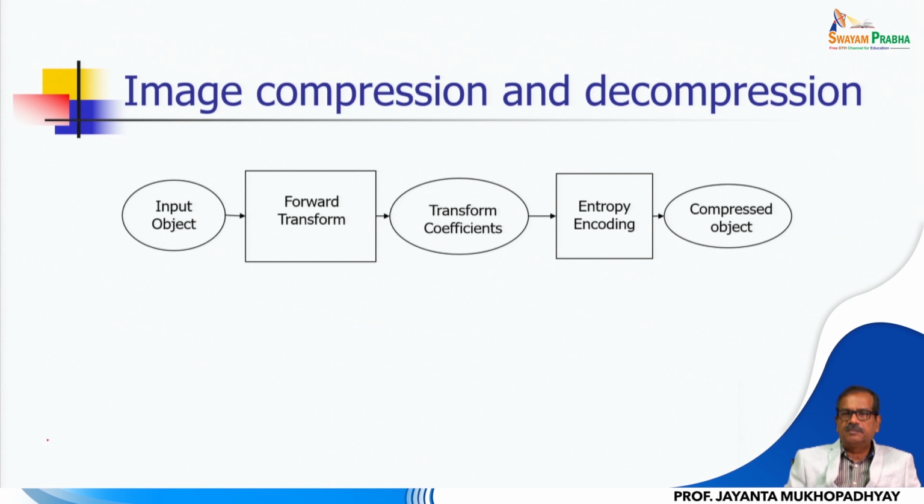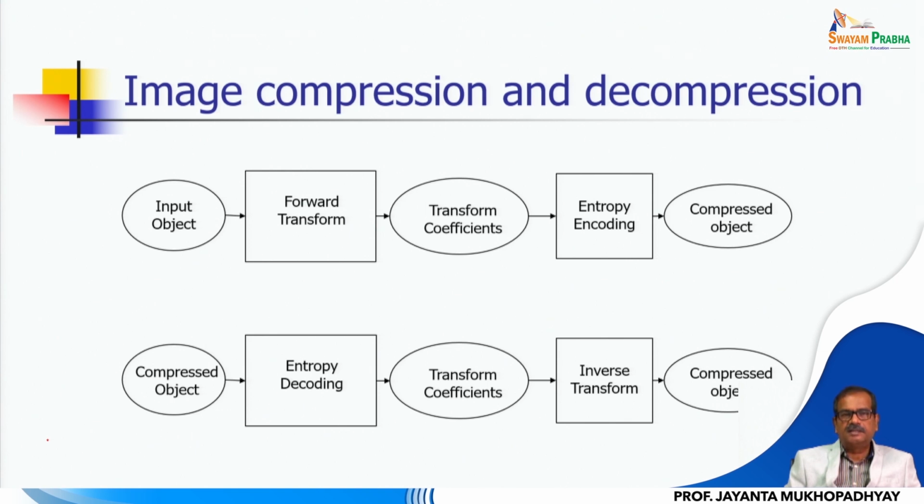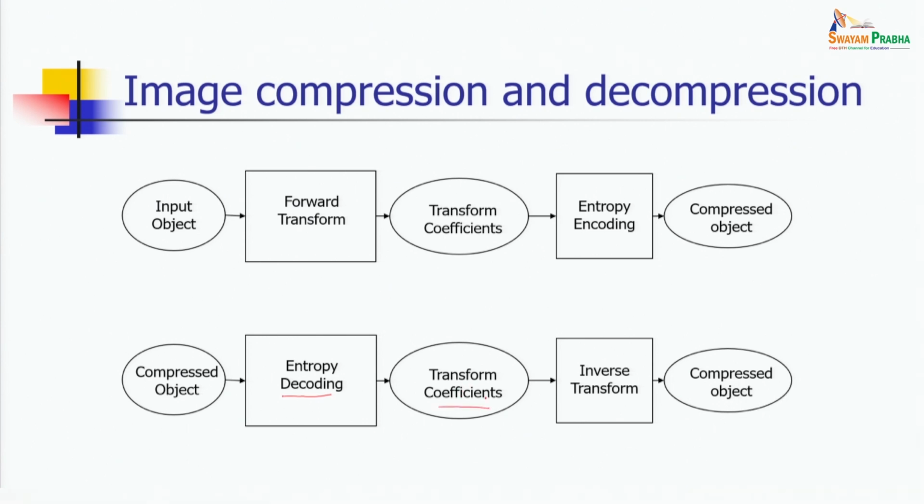But then for decompression, you have to do the reverse operation, which means your input is a compressed object, and you first perform entropy decoding, which will give you back these transform coefficients, because you have decoded the coding of the symbols.